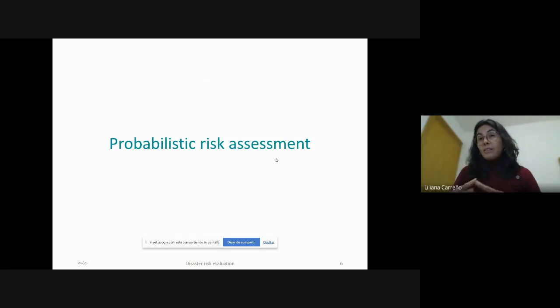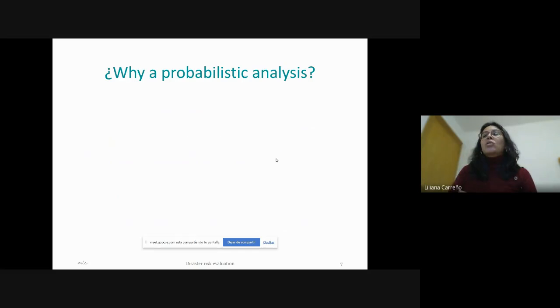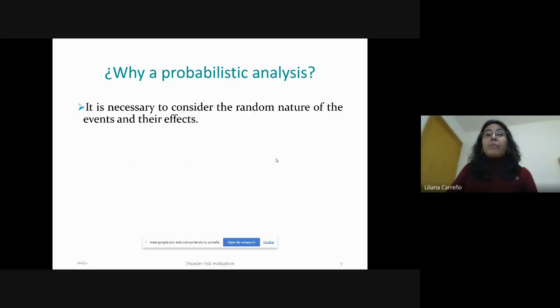So in this seminar, I would like to focus on the probabilistic risk assessment. Why this probabilistic analysis? Well, because it is necessary to consider the random nature of the events and their effects.